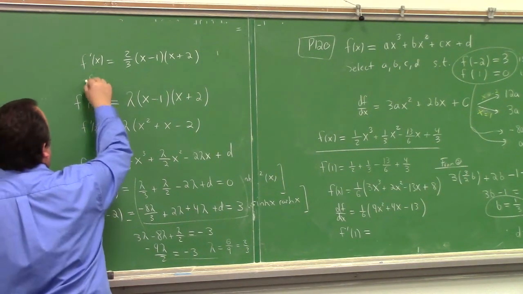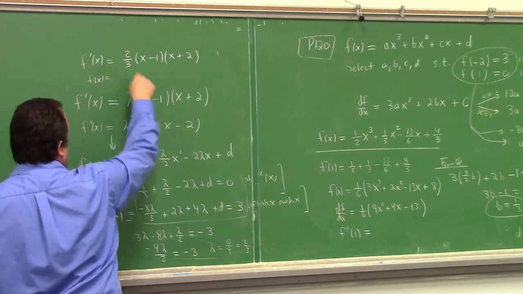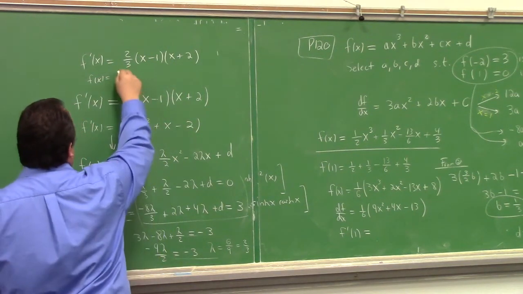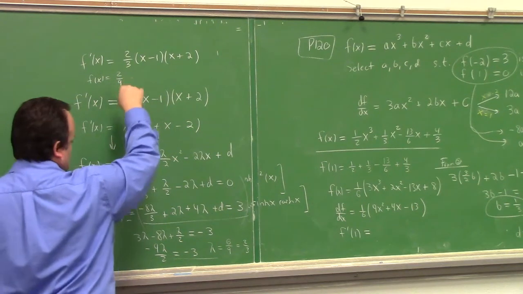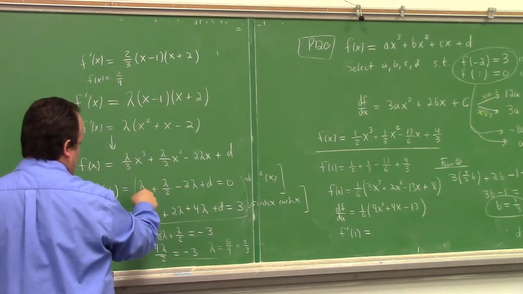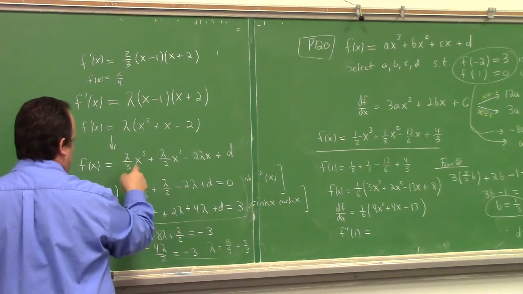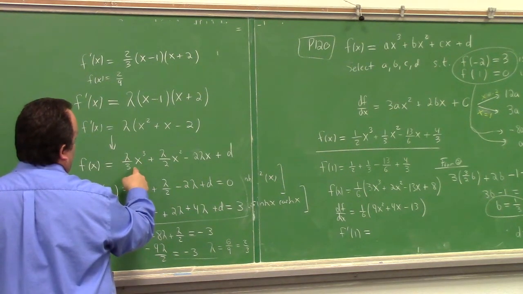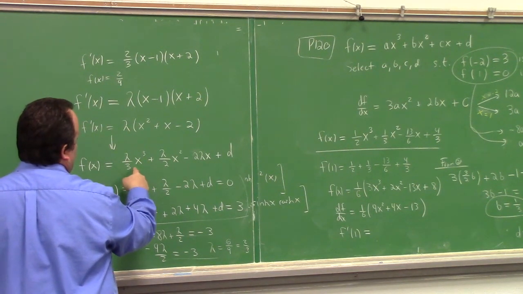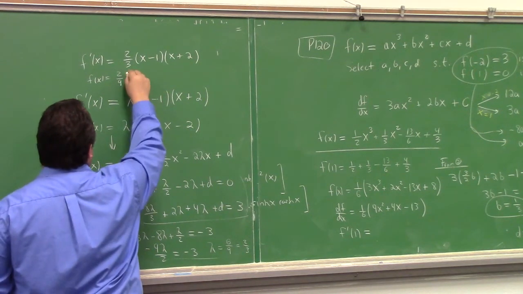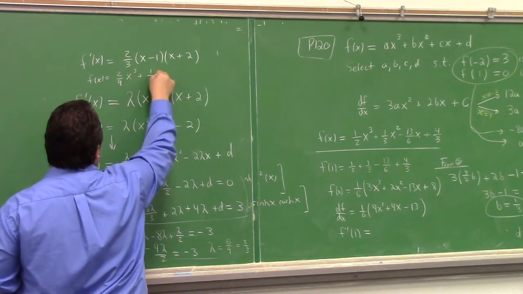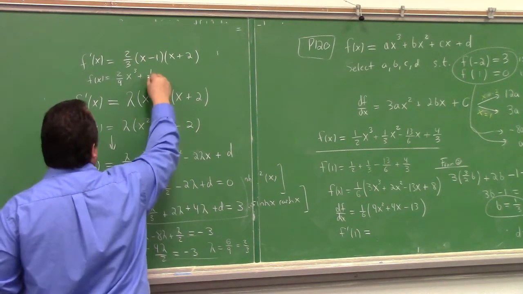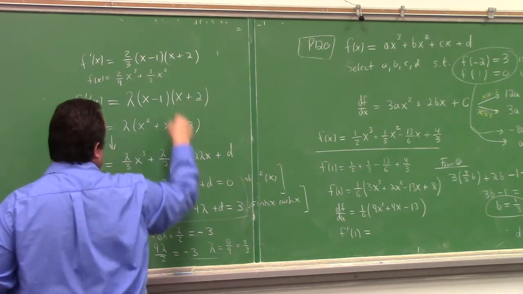So f of x is supposedly lambda over 3, which would be 2/9 x cubed, plus 1/3, sorry, I'm losing track, x squared.